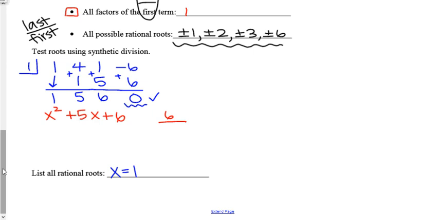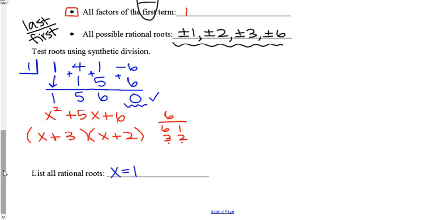I have 6 and 1. I have 3 and 2. They both had to be positive or both negative to get to a positive 6 when I multiply. And then I'm trying to get to a positive 5. I'm going to use 3 and 2. So because my a value is 1, I can skip to this quick step here where I do x plus 3, x plus 2. And there's pretty much all of my factors now.